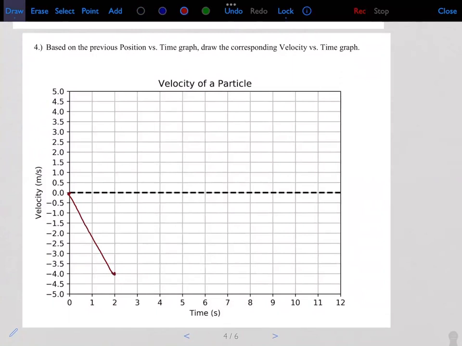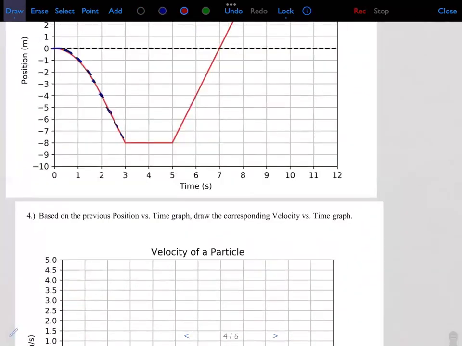It's decreasing linearly from 0 to 2 seconds. And it turns out it really is decreasing linearly. That requires a little bit more math to understand why it's linear. But we definitely know that those slopes are decreasing, right? Starting at 0, small negative, more negative, more negative, more negative until it reaches -4. So that's a good guess to draw it linear, and turns out it's correct.